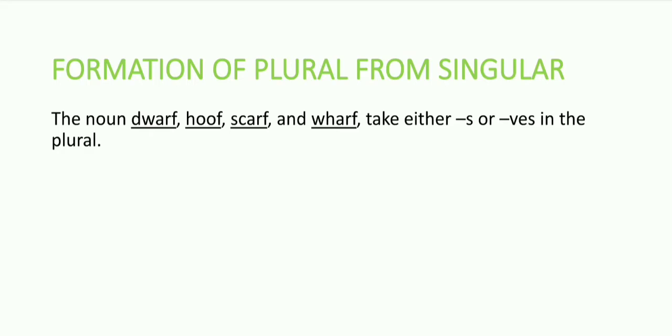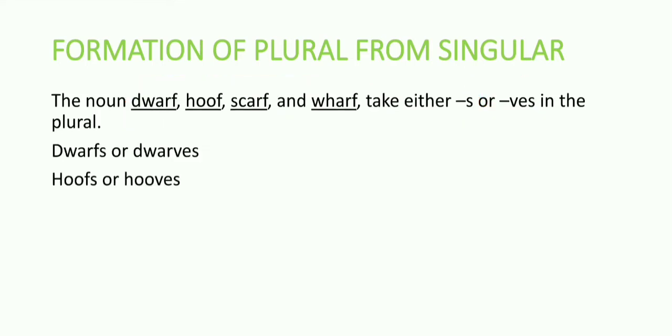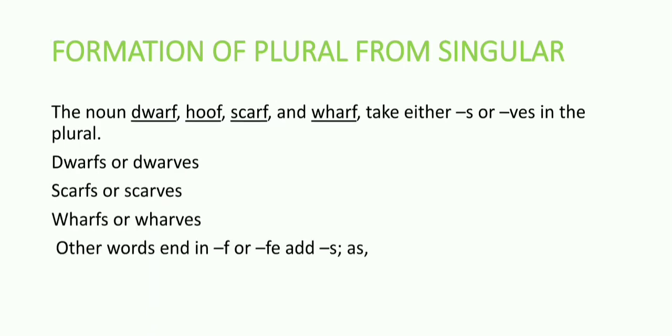So we have only these four. You may change them into plural by the addition of either s or ves. It's all your choice. How? Look at the example. Dwarfs or dwarves, hoofs or hooves, and wharfs or wharves.